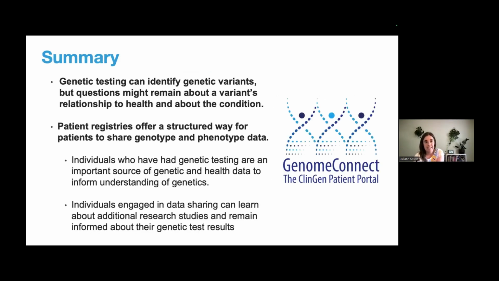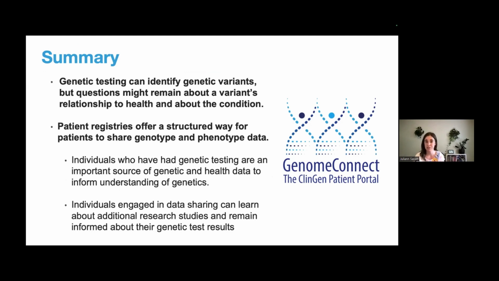So in summary, genetic testing is evolving. Our understanding is evolving. We're getting really good at identifying variants, but questions might still remain about that specific gene, that variant, or about that genetic condition. Data sharing through patient registries like GenomeConnect offers a way for patients to share their genetic and health information, and that can be really helpful in increasing our understanding of genetics and health.